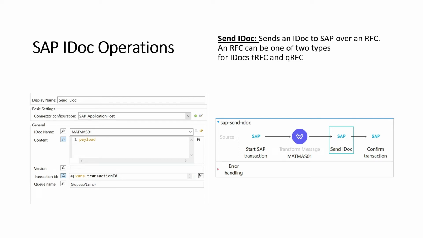To set a transaction ID, we first call the start SAP transaction connector, which returns the transaction ID in response. And once the operations are done, we commit the transaction using confirm transaction connector, which accepts the same transaction ID as input. To enable QRFC, you can mention the queue name.